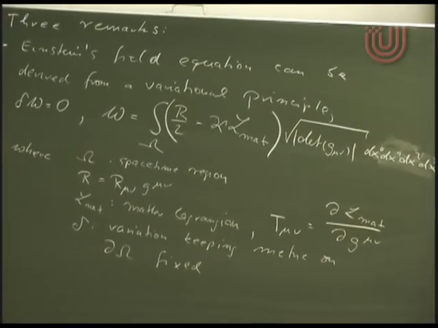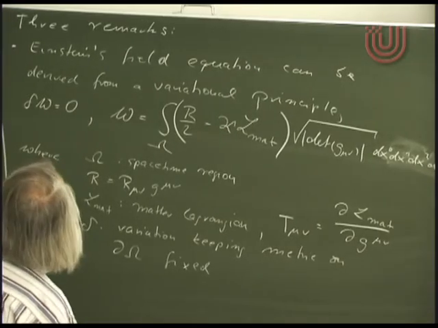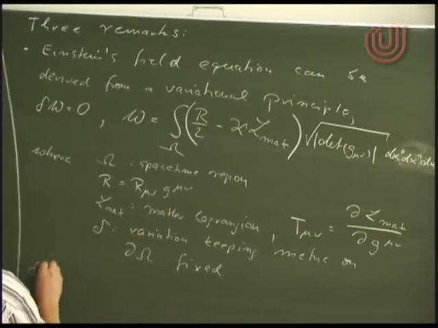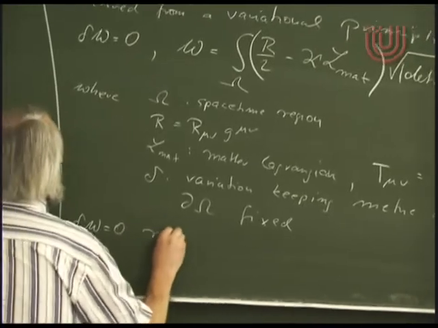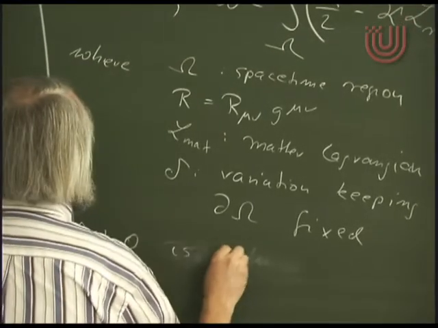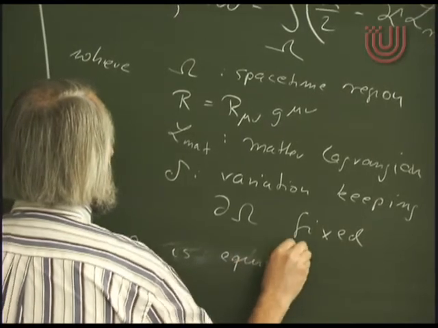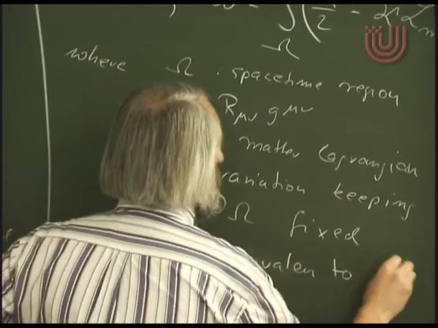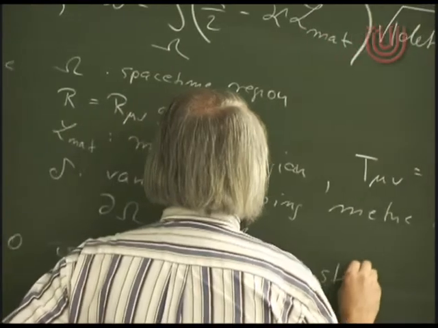I have no cosmological constant here. So delta W is equivalent to Einstein's field equation without cosmological constant.